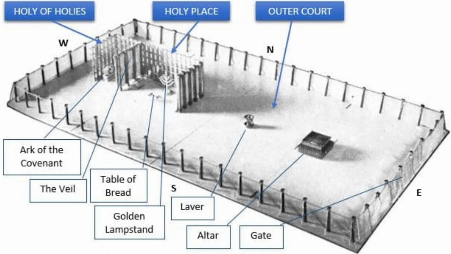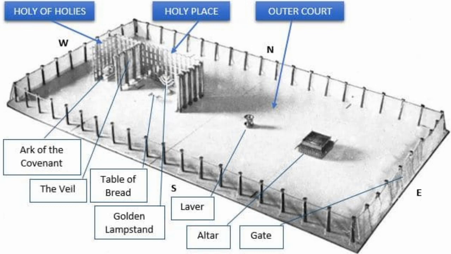So the brazen altar and the laver, in the outer court, or the courtyard, was built a tent which was known as the sacred tent of the presence of God, which internally was divided into 2 by a veil.